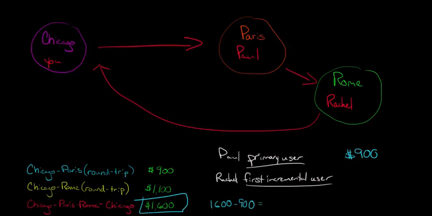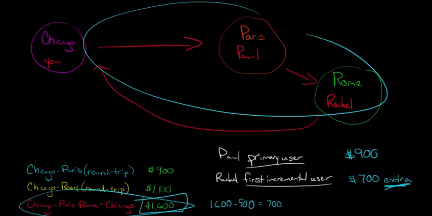Well, that's $700. So the incremental cost of seeing Rachel, given that we're already going to see Paul and pay $900, is an extra $700. So this thing is incremental or extra, however you want to see it. It's an extra $700 to schedule the itinerary in this way to be able to see Rachel.